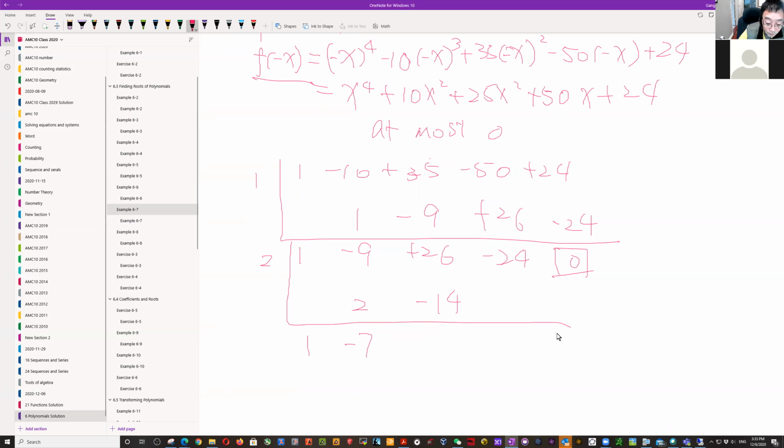And this is going to be plus 12. And this is going to be 24. This is going to be 0. So 2 is also one of the solutions. And the remaining ones look like 3 and 4. So if you try 3, you can also do it.